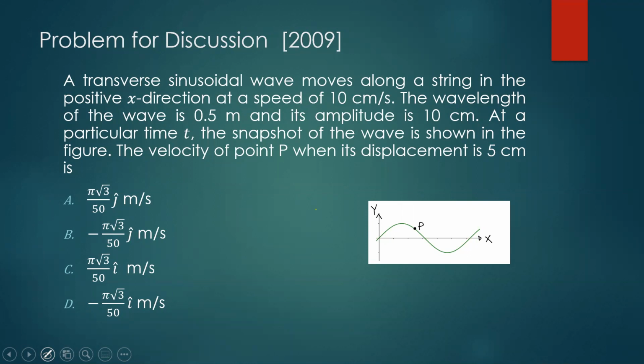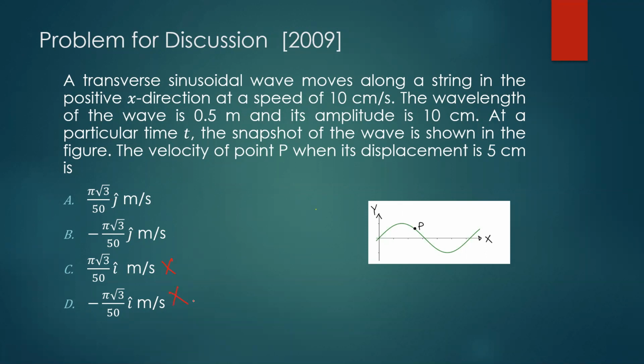This is how the wave looks on that string. Because it is a transverse wave, if the wave is moving along the x-axis, the particles are oscillating up and down, so the particles will have only y velocity. You have guessed it right, so you have eliminated these two, that is nice.